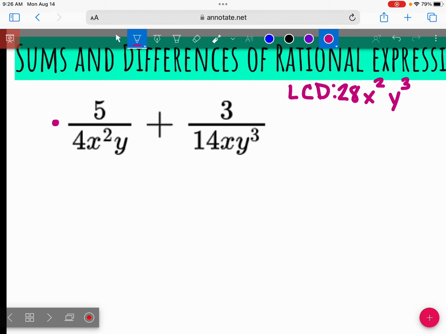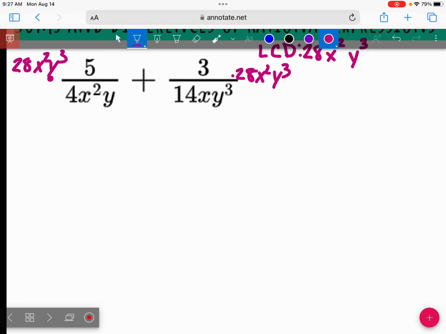So what you can do on these kinds of problems, we can multiply this one by 28 x squared y cubed. 28 x squared y cubed. So we're going to wind up here with, because the 4 is going to cancel out, leaving us with 7 and the y.